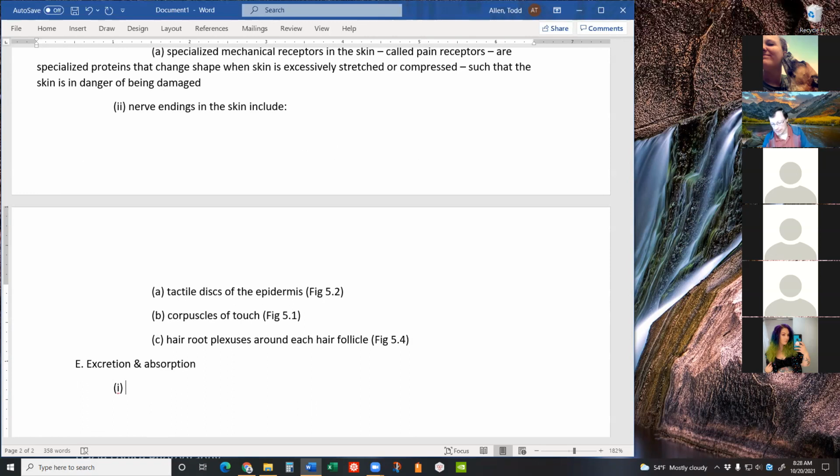excretion first. Now, obviously, the most notable thing that we excrete from the surface of our skin is probably going to be our sweat. I mean, there is oil and things as well, but when we sweat, we notice that we're releasing material on the surface of our skin. So sweat obviously is made of water, and as we've said before, water as a liquid is made of water molecules that are connected by hydrogen bonds.